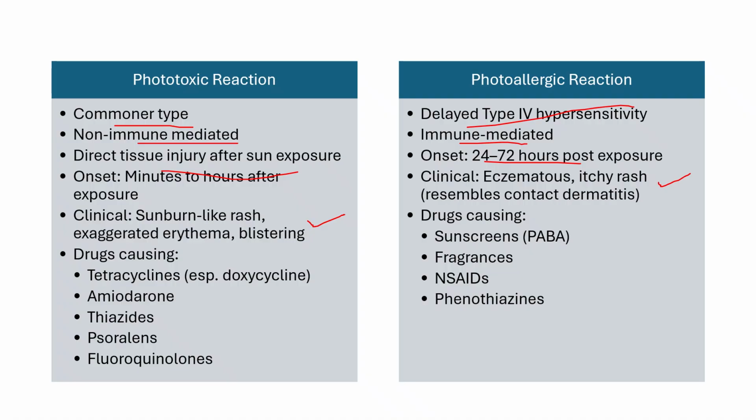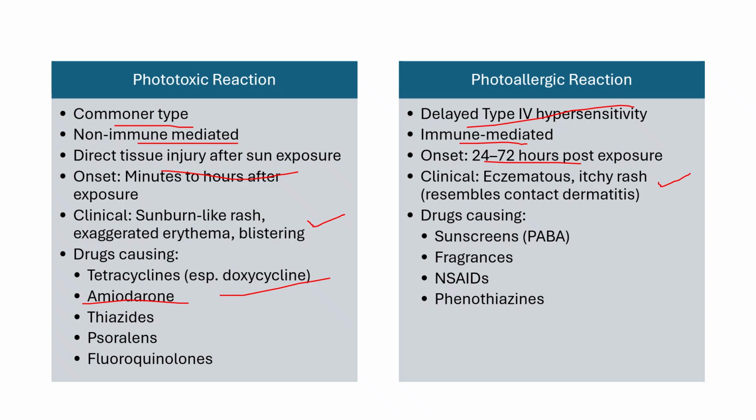And there are certain drugs which can cause photosensitivity, some cause phototoxicity, some cause photoallergic reactions. Some of the drugs you just have to know the names. You don't have to classify that into two and learn. You have to know that doxycycline can cause phototoxicity, or amiodarone, which can cause many other things like pulmonary fibrosis. It can cause hepatitis.